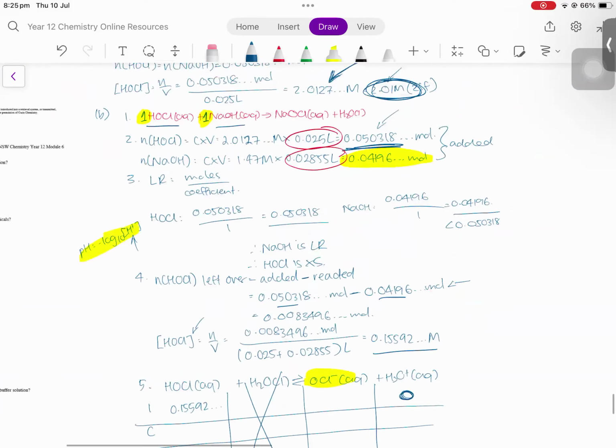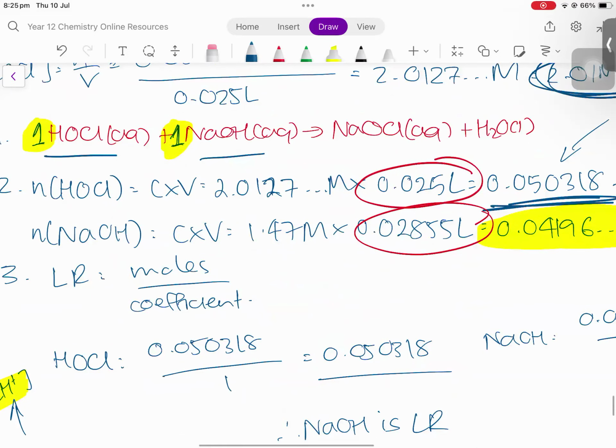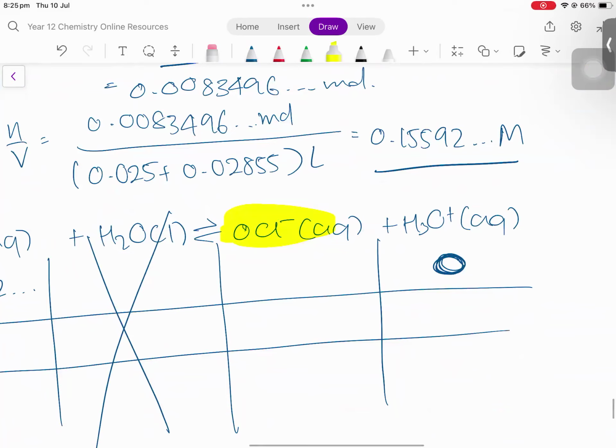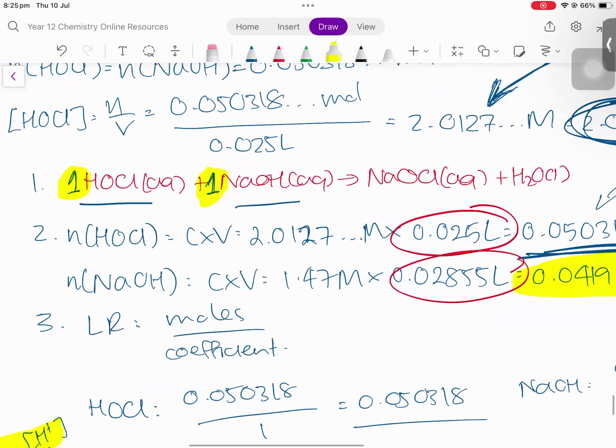My first equation was up here. So you guys are telling me OCl minus concentration isn't 0. Where else do you see it? In what formula in this equation? In the NaOCl formula, there's some OCl here.